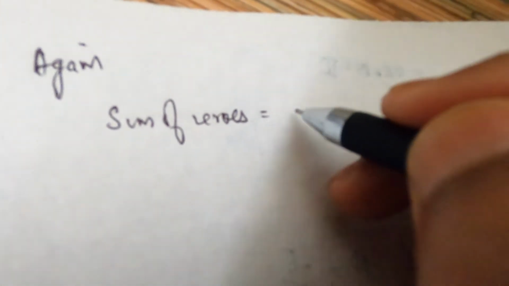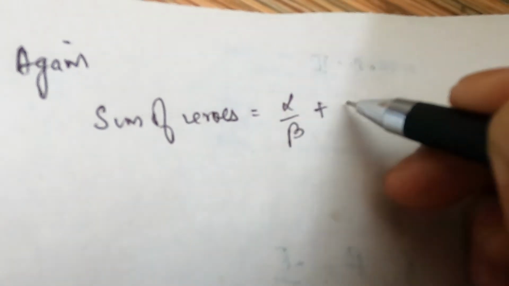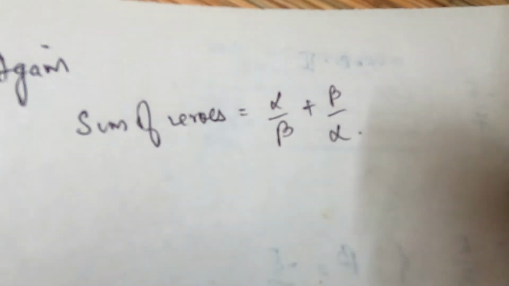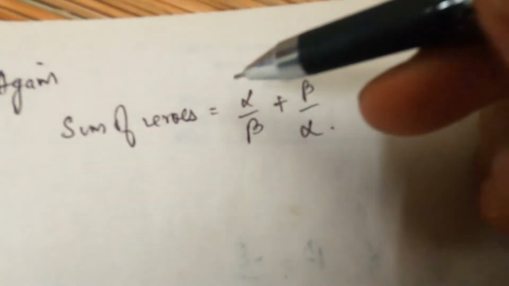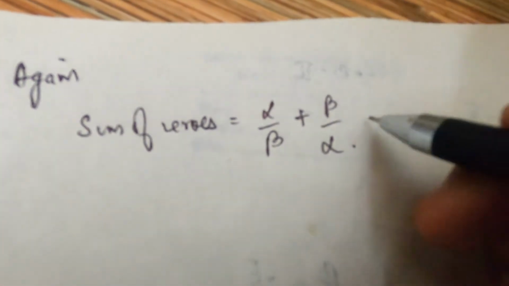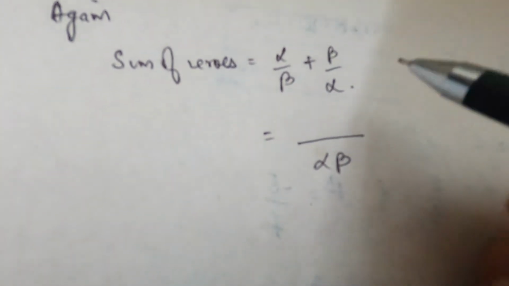So again, sum of zeros. So in this case, it will be alpha by beta plus beta by alpha. All right, so these are the two zeros. So what we'll do is let us find the sum of zeros of these two zeros. So using LCM, it will be alpha beta.